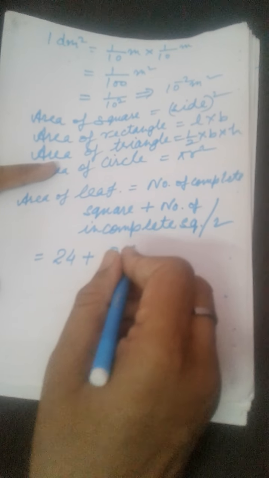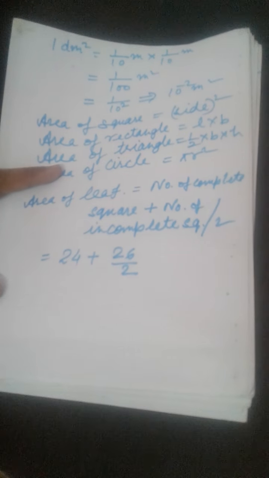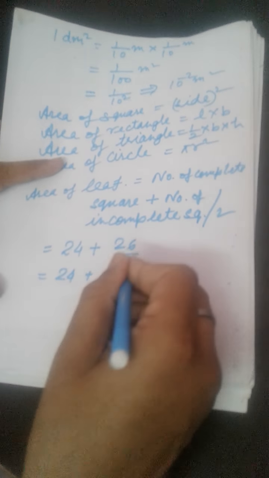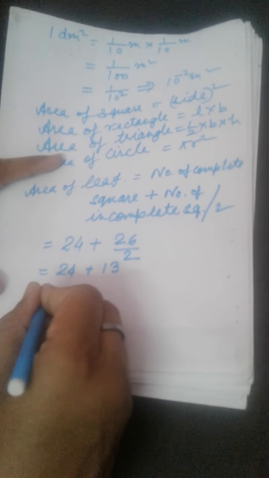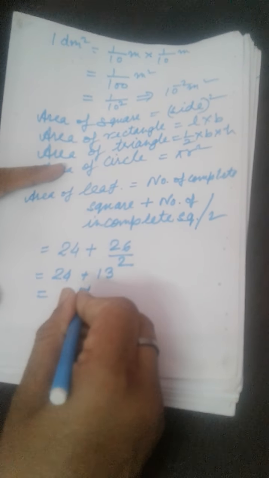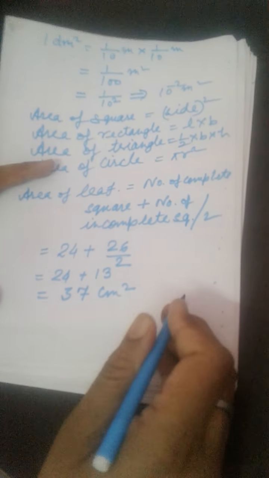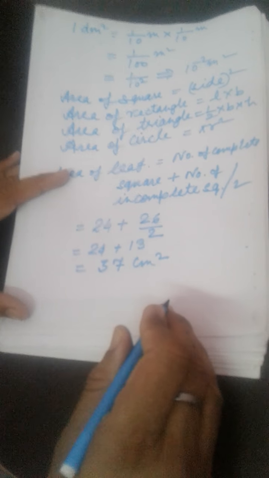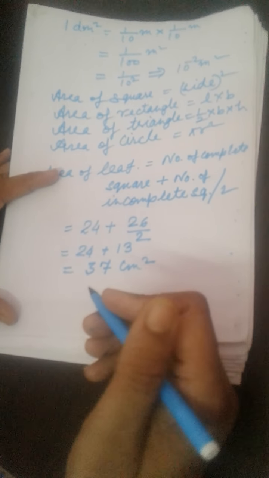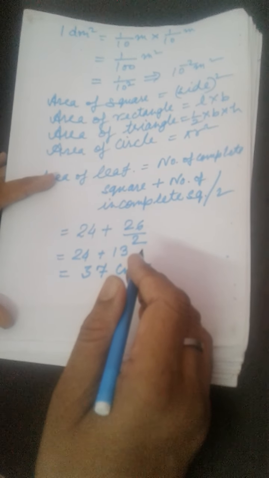So what we will do? We will divide incomplete squares by 2. So this becomes 24 plus 13 equals to 37 centimeter square. So this way we can find the area of irregular surfaces.